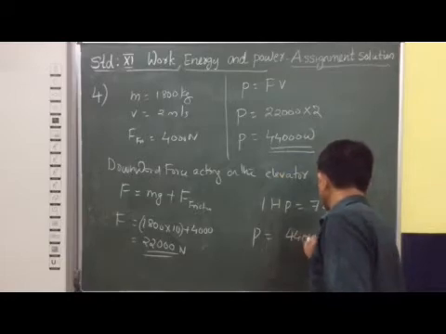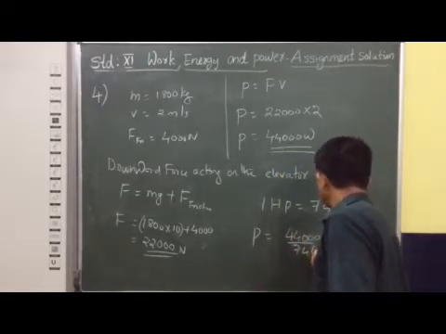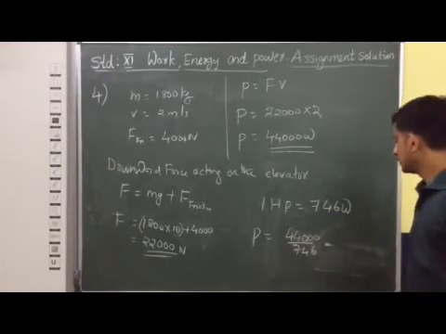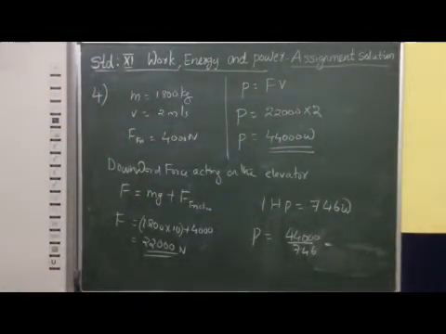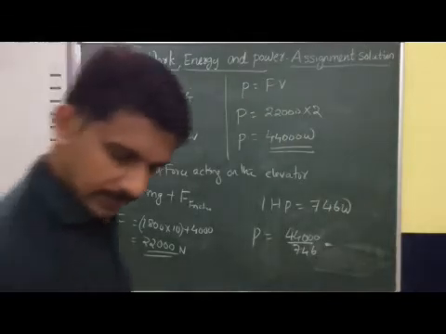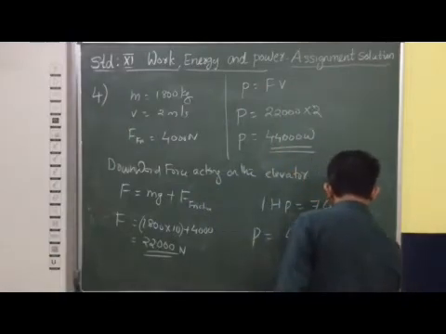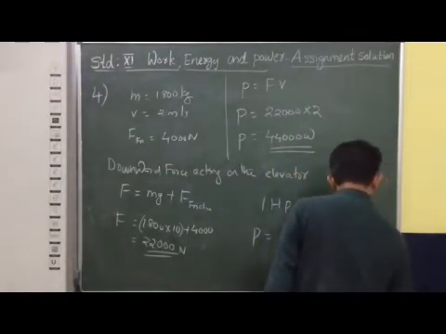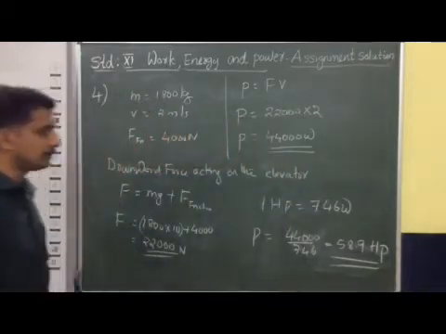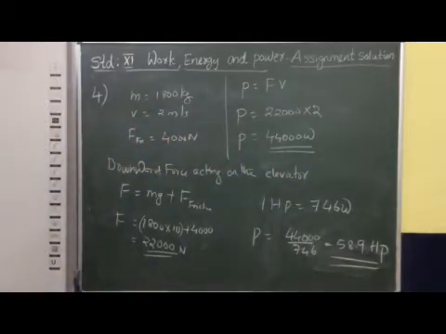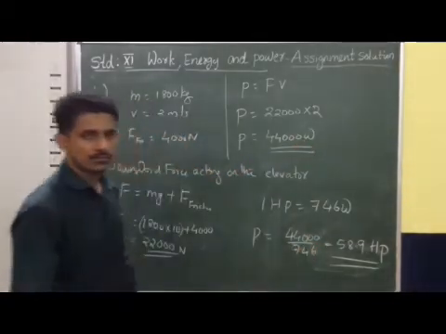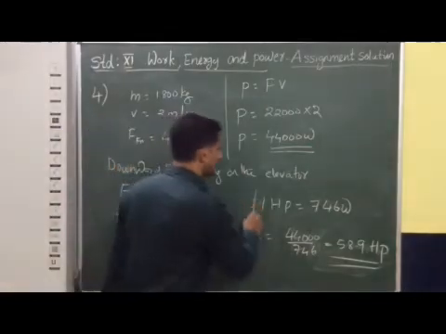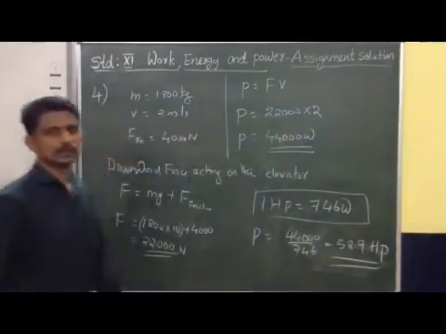So 44,000 divided by 746, you will get the answer as 58.9 HP. This way we are expressing the power in terms of watt as well as in terms of horsepower. So remember this formula, 1 HP is equal to 746 watt.